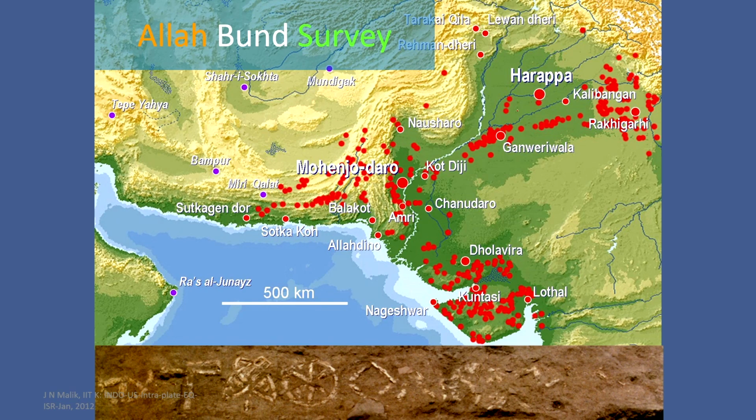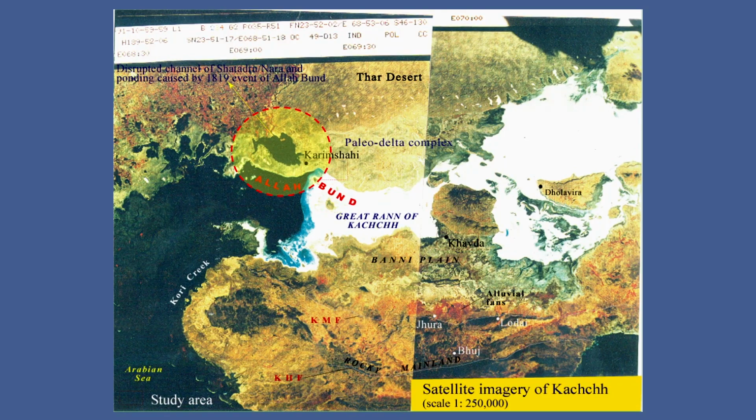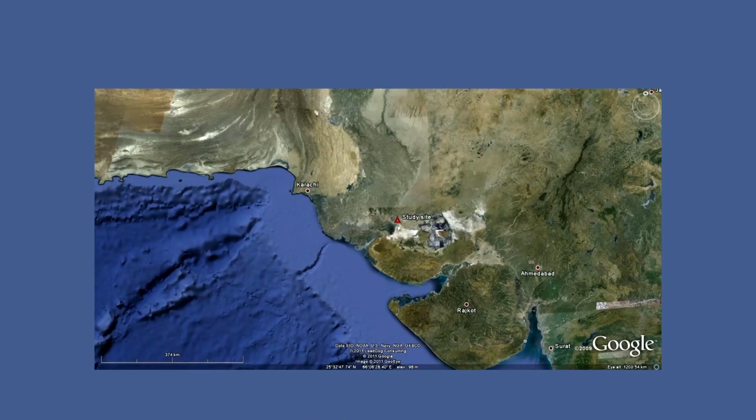This was related to the Indus Valley civilization which flourished in that area. So there are evidence of tectonic signatures also, which clearly suggest that the landscape has been influenced by past earthquakes, and this landscape got changed over time because of multiple earthquakes that occurred in this region.